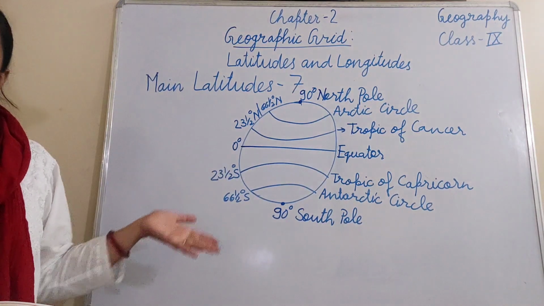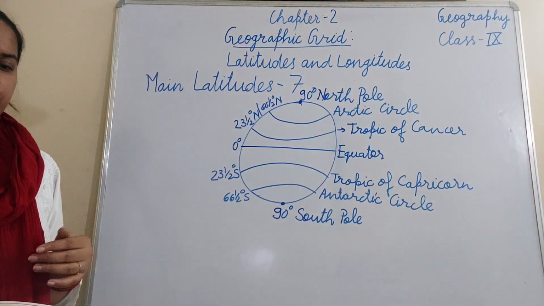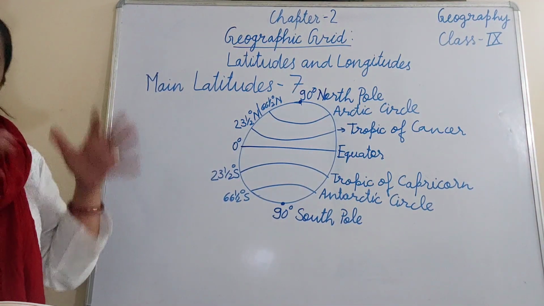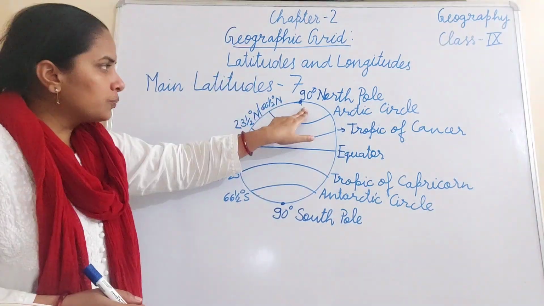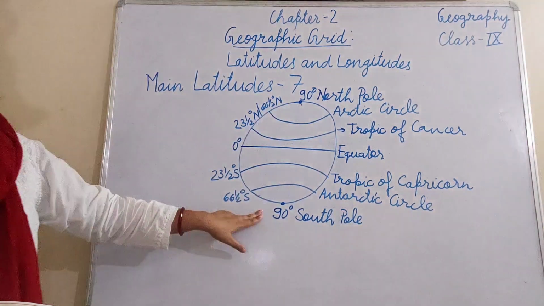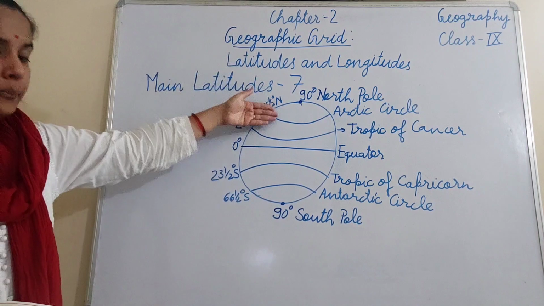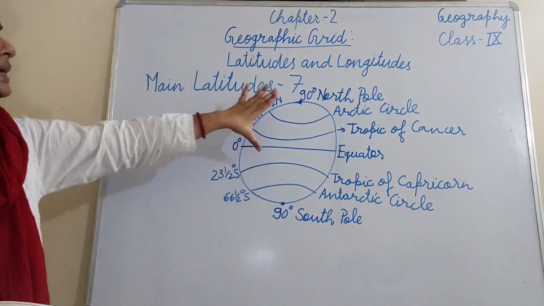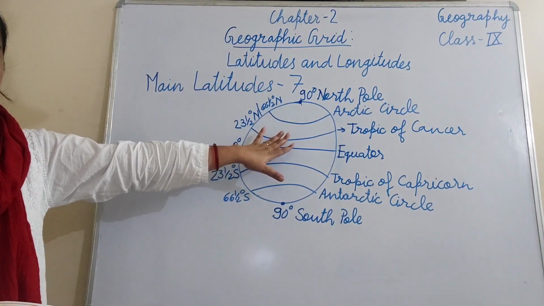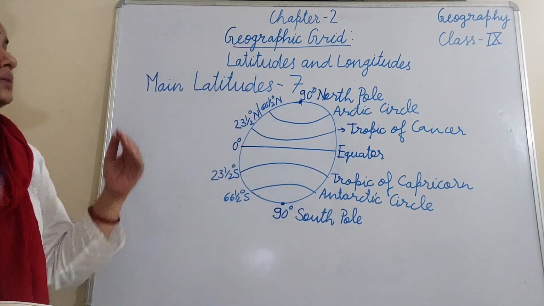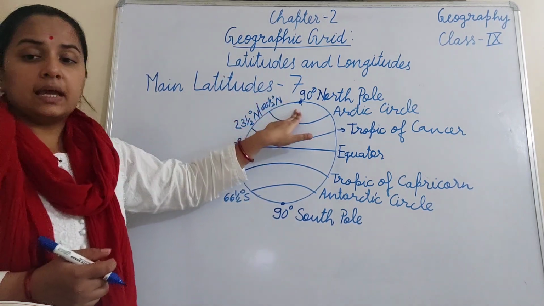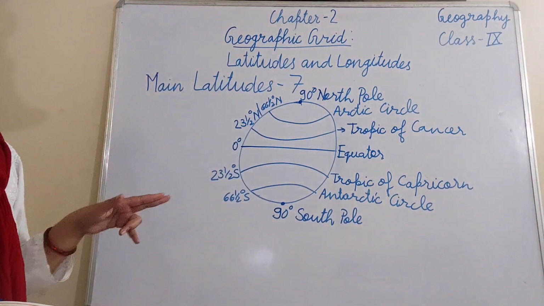The poles are opposite to each other at the extreme ends, located at an angle of 90 degree.